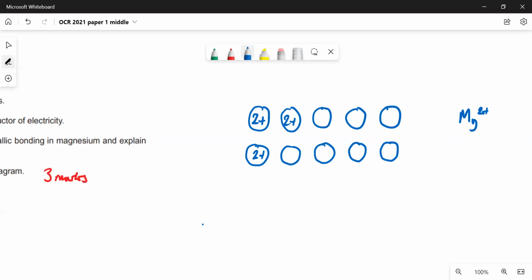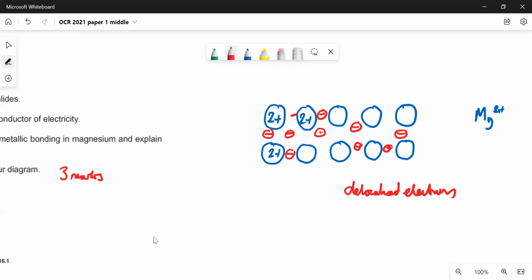I won't write it in all of them, but you probably should. Then we have a sea of delocalized electrons. So these are all the delocalized electrons, they've got a negative charge. Put them around, okay, and so there's our diagram.